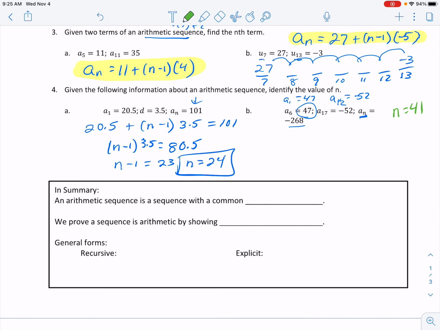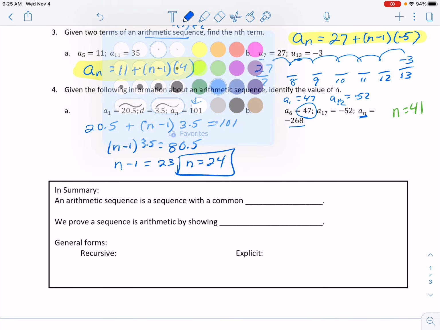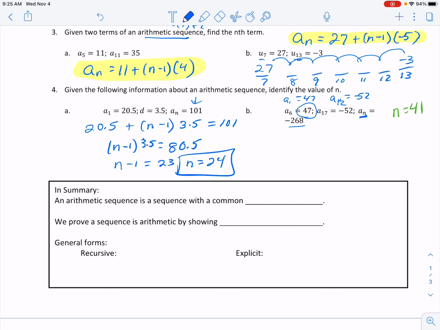Okay, so what do we remember from this? An arithmetic sequence is a sequence with a common difference. To prove a sequence is arithmetic, show that a_n minus a_(n-1) is equal to d.